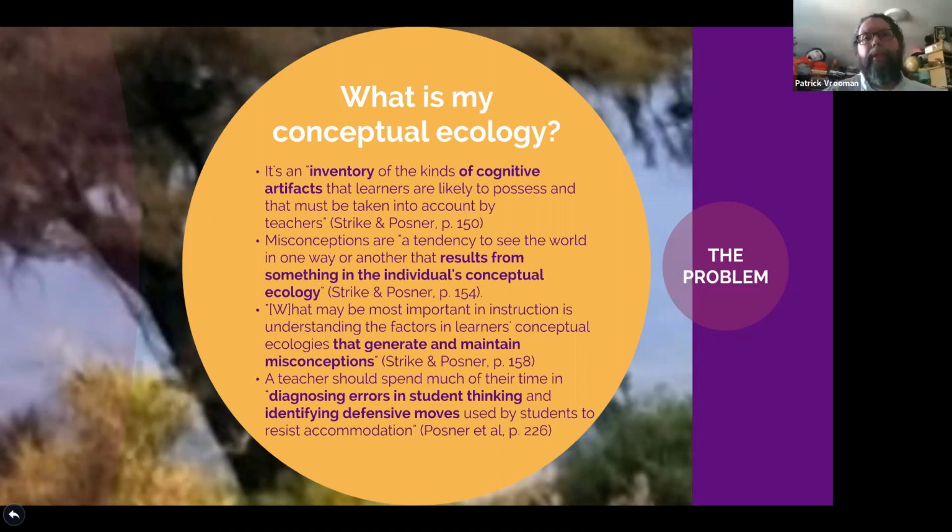So what is a conceptual ecology? On your screen here, you've got an idea of what it is. It's an inventory, and we're going to look at the inventory. It's an inventory of the kinds of cognitive artifacts that learners are likely to possess in their conceptual ecology. And it's stuff that Strike and Posner say that we as teachers must pay attention to.